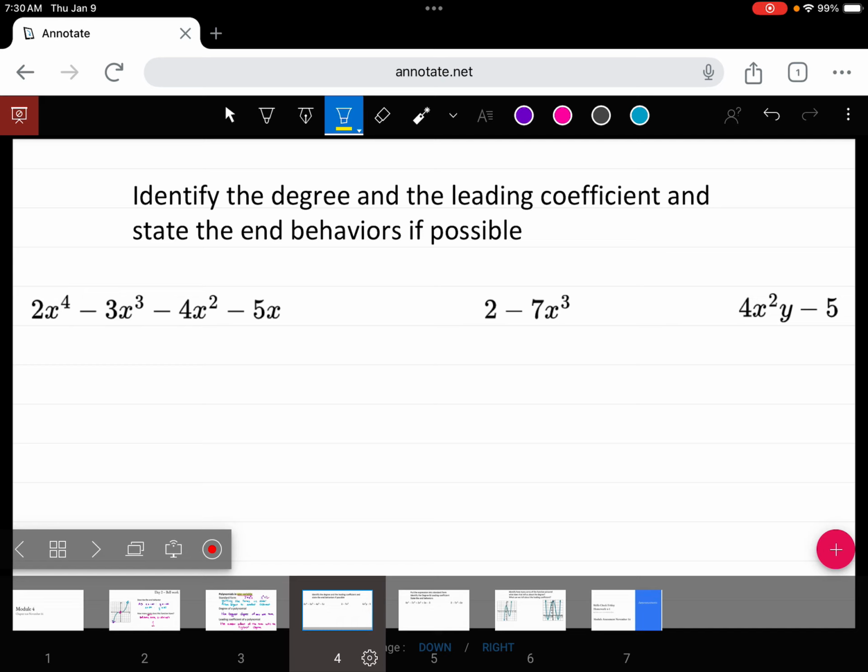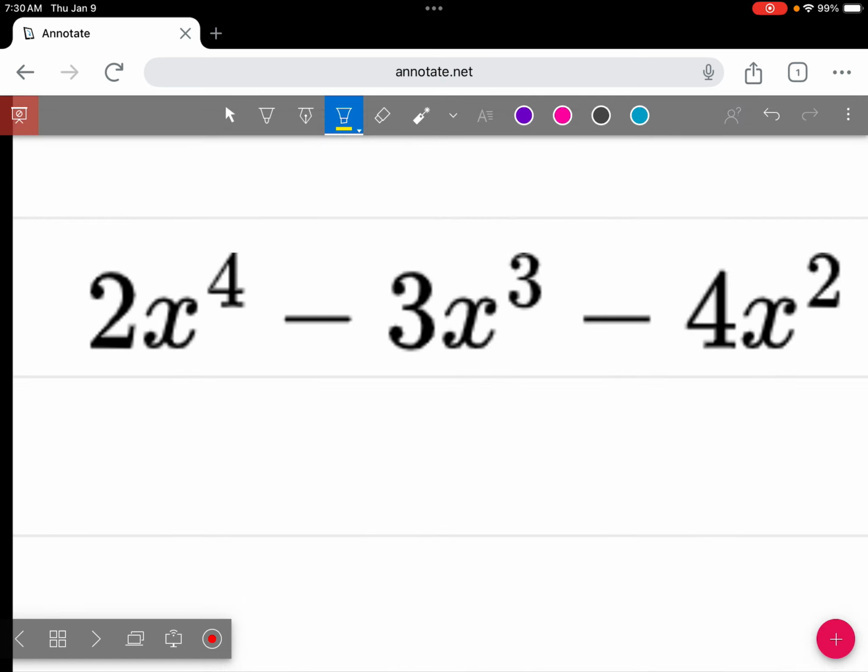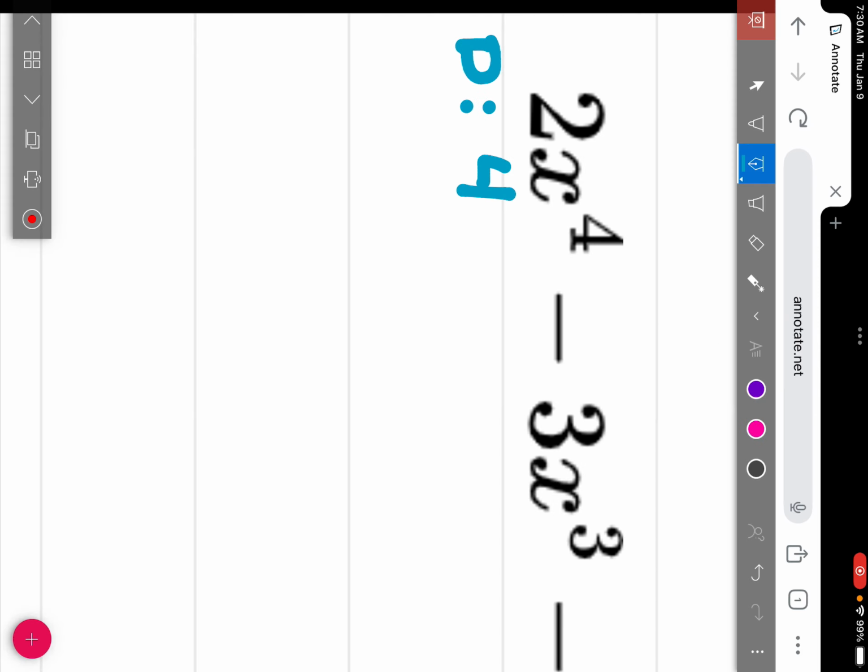So if we look at each individual term, this guy has a degree of 4. You don't necessarily have to write this out for each term, but I'm just going to do it so we can see what's happening. If I look at just the 3x cubed, what's its degree? 3.